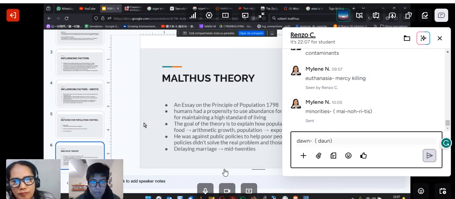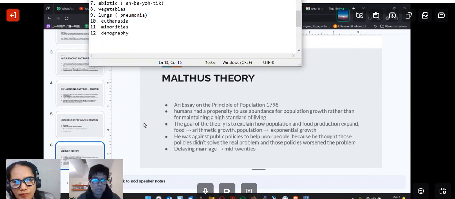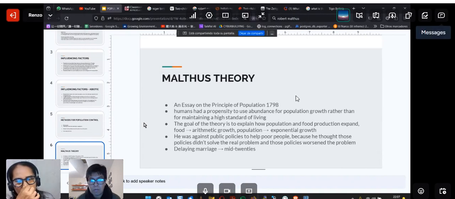He wrote this essay trying to respond to people in those years who thought that people were poor because they don't have land, and that was one of the reasons for poverty.